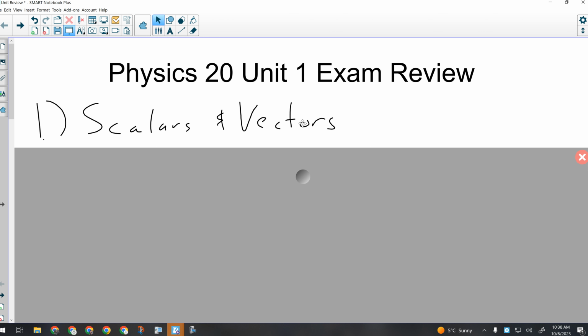Are you looking for a vector quantity or a scalar quantity? What's velocity? Vector or scalar? Vector. So if you forget to put forwards on your answer, will you lose marks?